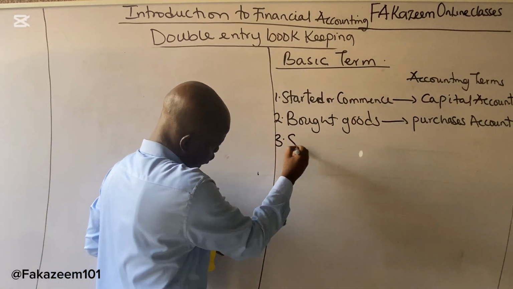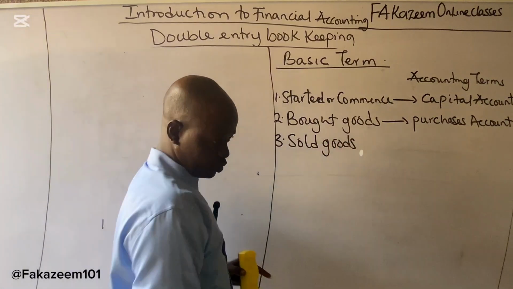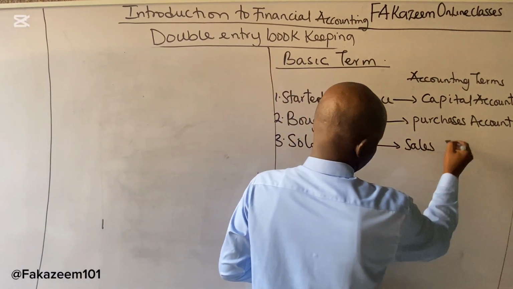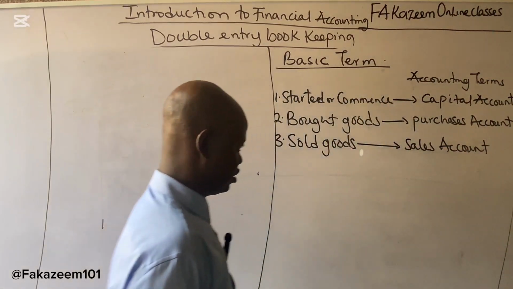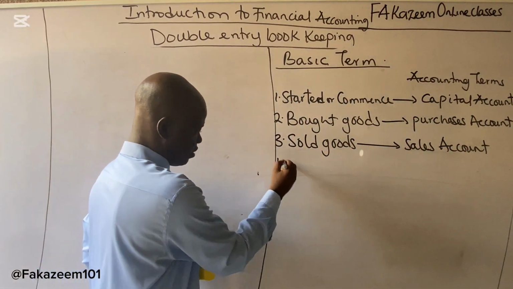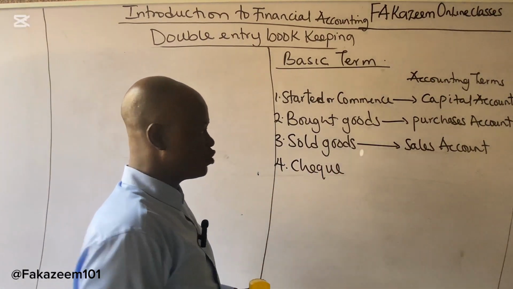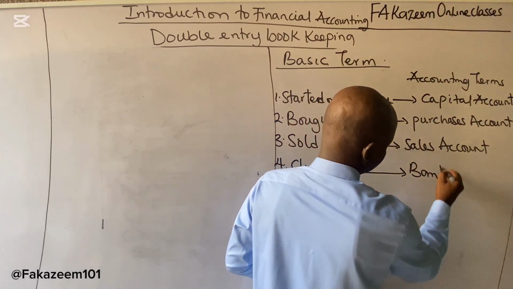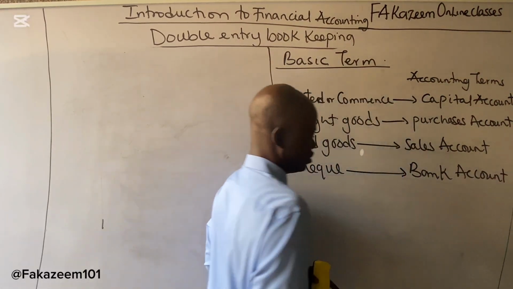Also, if you see the words sold goods, what sold goods means is sales account. If we give you a word like cheque, in your solution, you will not write cheque, you will write bank account.